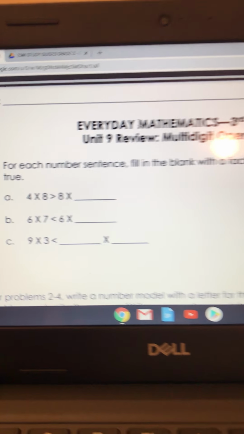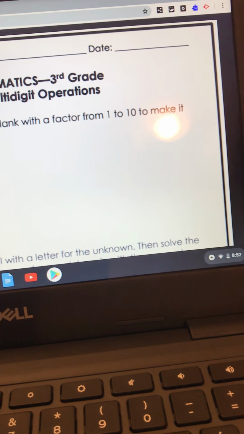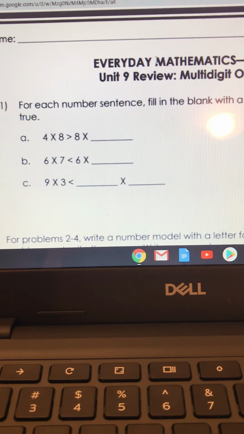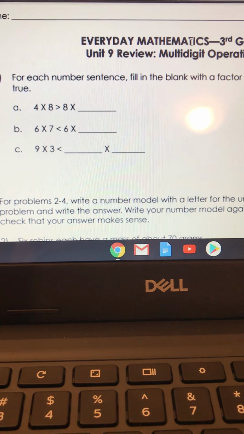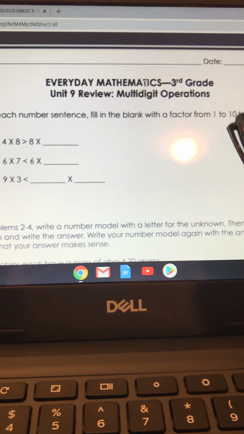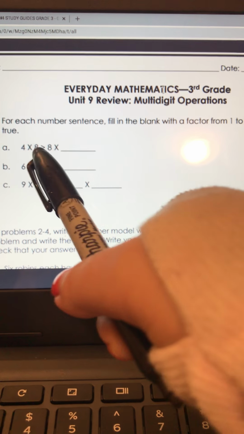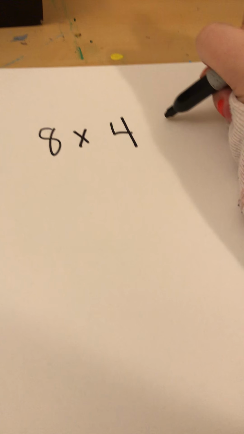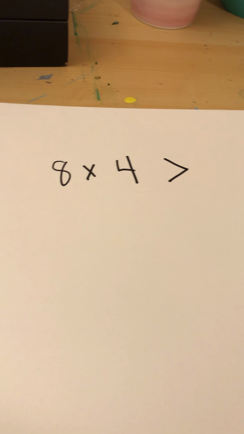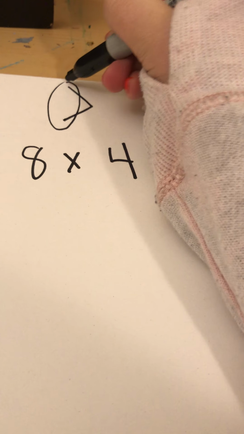Okay, it says for each number sentence, fill in the blank with a factor from 1 to 10 to make it true. So it says 1 through 10. That means all of these numbers are not going to go above 10. So we have 8 times 4, and then it has a greater than symbol. Look up here real quick. Greater than, because the bigger side is over here.